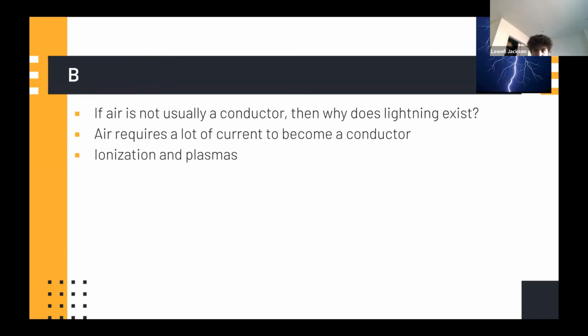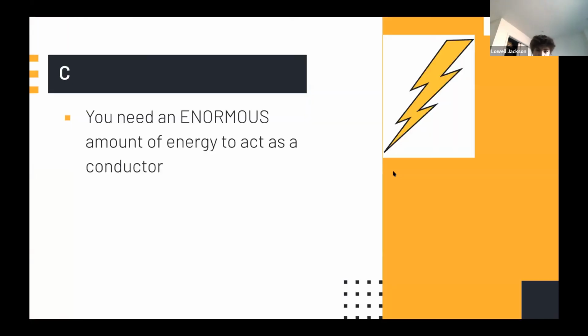The electrons aren't really bound to the air atoms, I don't think. So the formerly insulating air becomes a plasma, which is conductive, and then air can be used as a conductor.